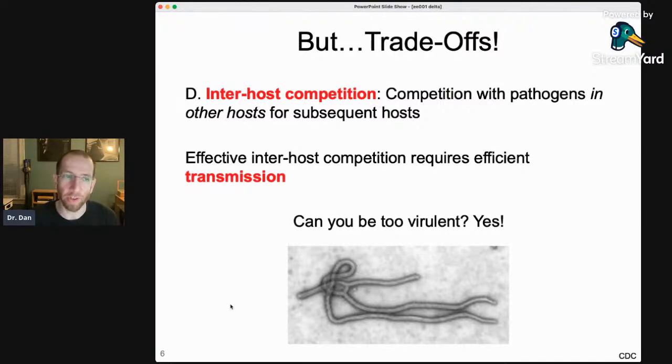The idea is that Ebola makes infected people so sick that it limits their opportunity to actually spread that virus to additional people, right? So you can have a situation where you have such high competitiveness within a single host, leading to very high virulence, that it collapses your ability to compete between hosts and you don't transmit, right? So there is a potential trade-off here.